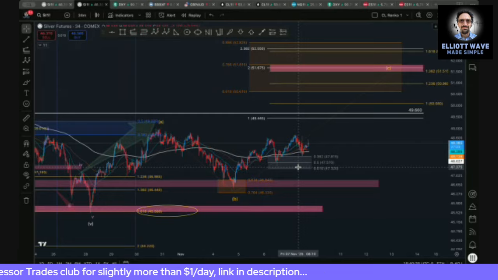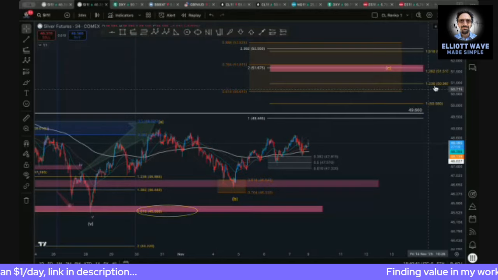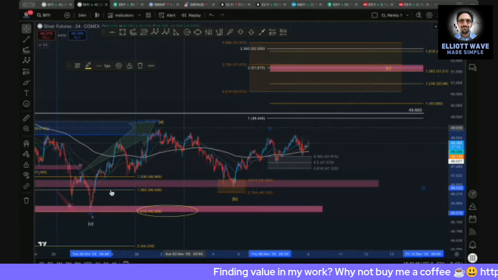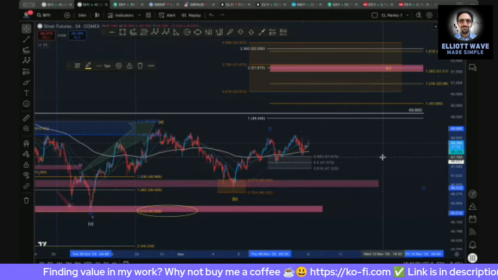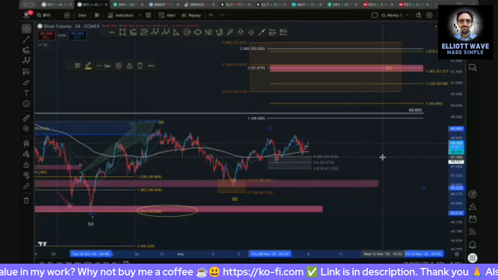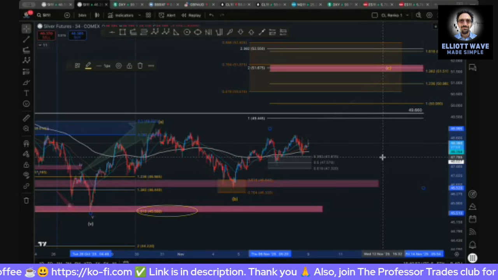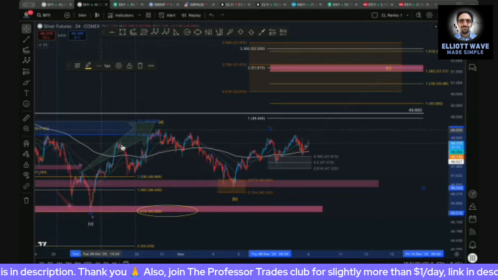The idea is if this is an A, B, then you see these yellow fibs over here. I have already measured for them. By the way, this is the third time in this video I'm showing you the exact same fib measurement, using the fib projection tool, which gives you 3 clicks.